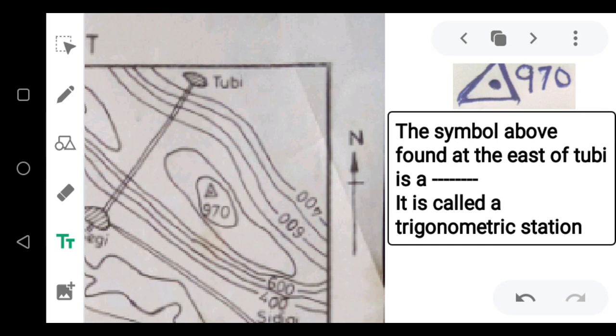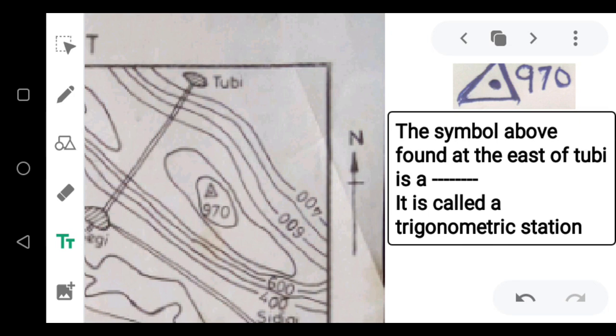When you see anything like this, it is called a trigonometric station. Trigonometric station or trig station or triangulation station. What is it? It is a fixed beacon used for surveying purposes, especially in determining the positions of places and features.